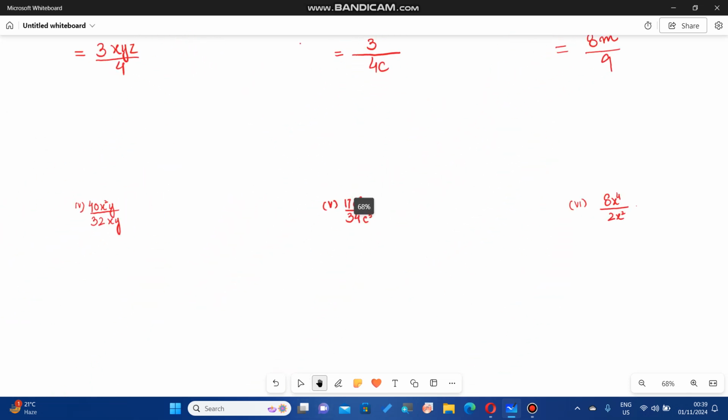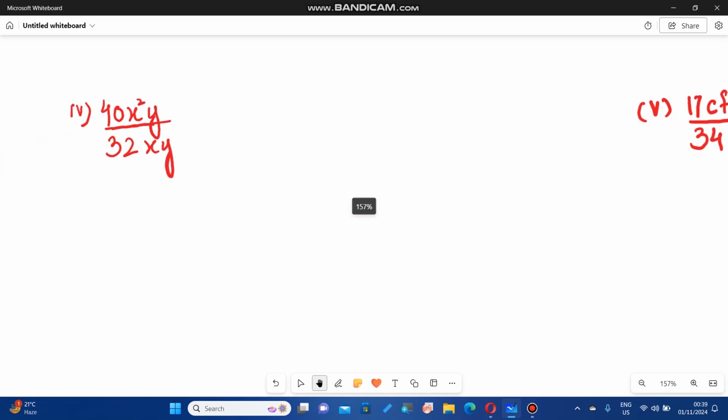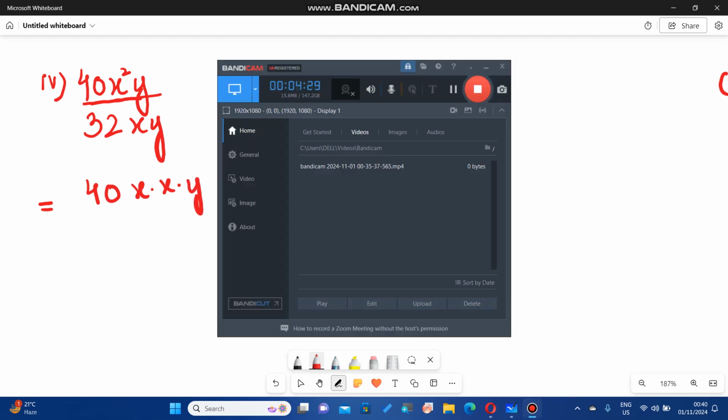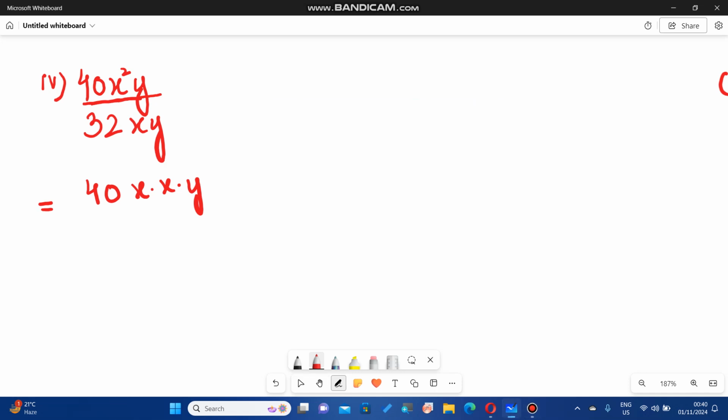Moving on to the next question, we have 42x square y divided by 32xy. We're going to write 40x square, which means x times x, times y, divided by 32 times x times y. First we will cancel out some variables if possible. As you can see, we have x that is common as well as y.